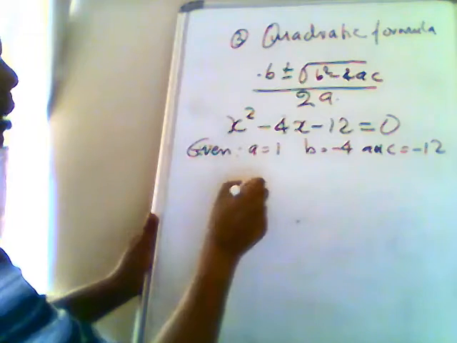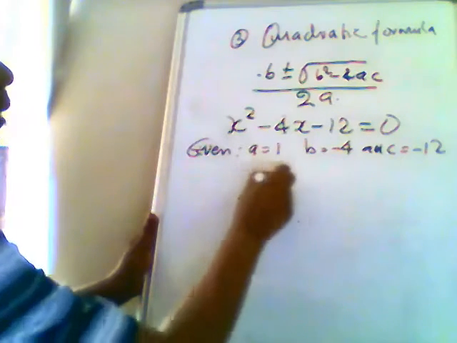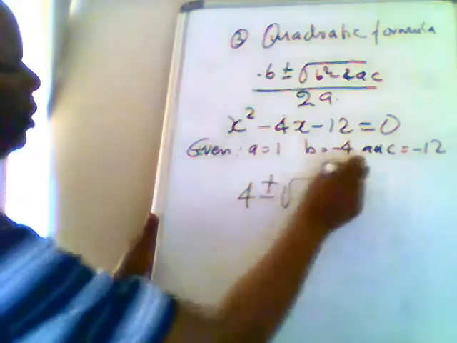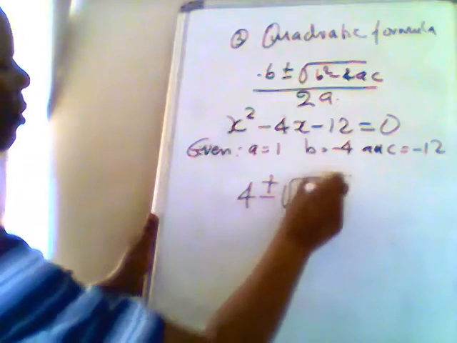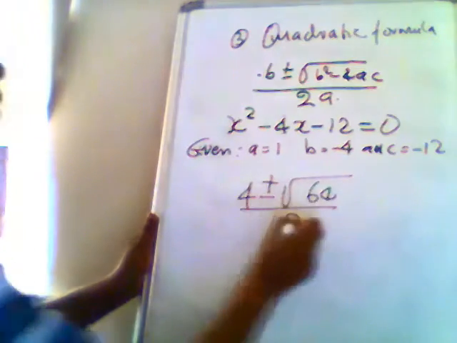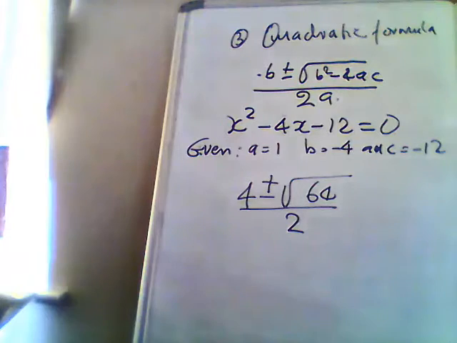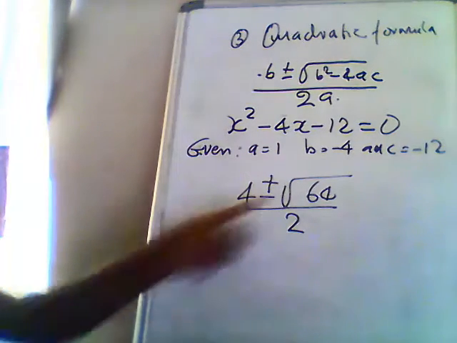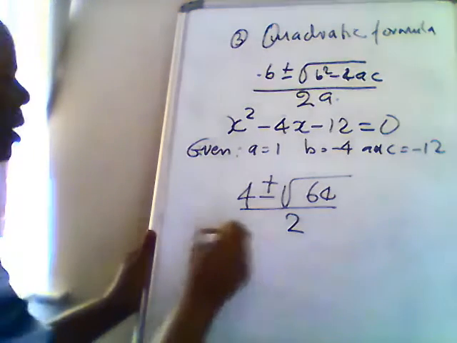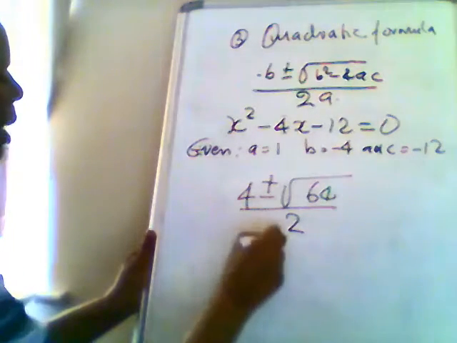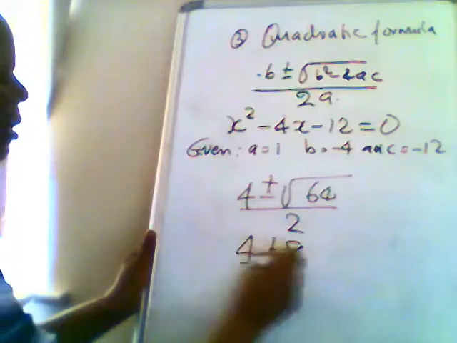We had 4 plus or minus the square root of 16 plus 48, which is 64, over 2. So that's what we have come up to. Then the square root of 64 is going to be 8. So it's going to be 4 plus 8 over 2.